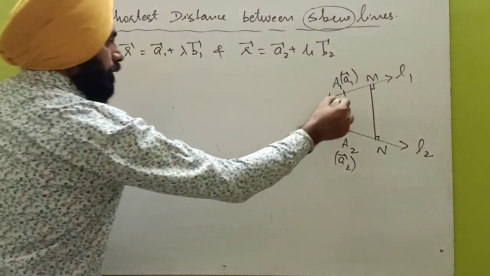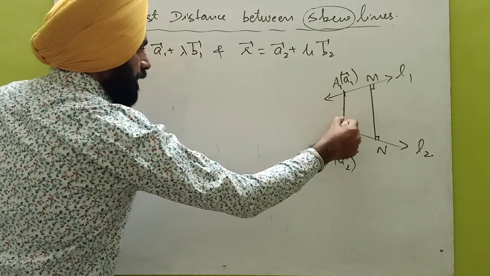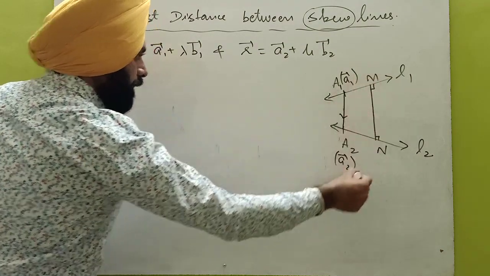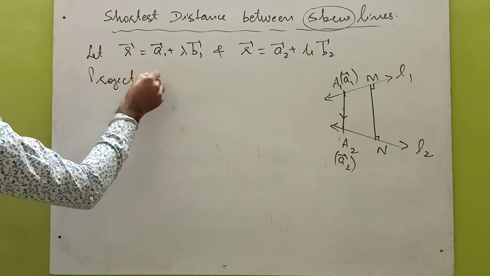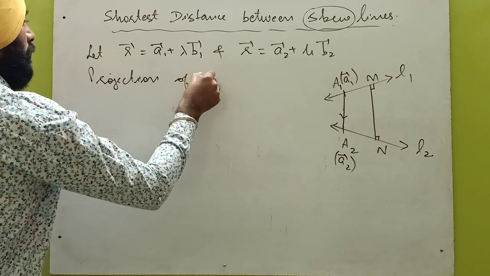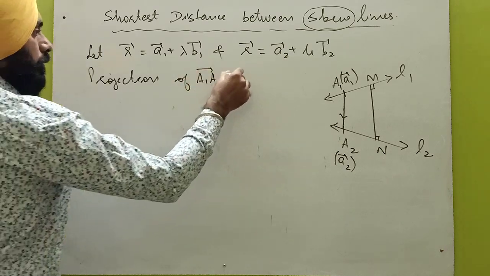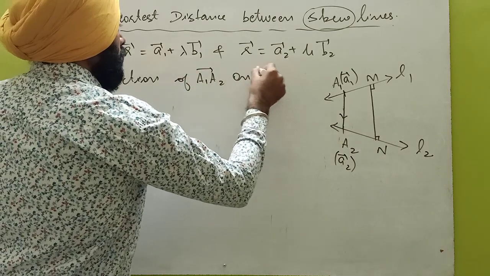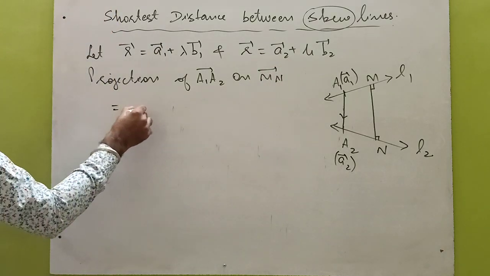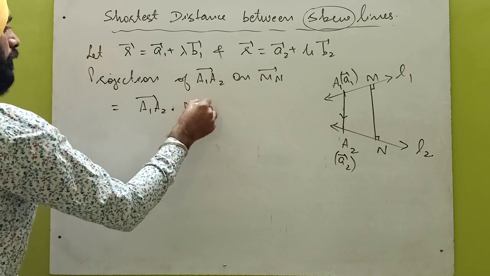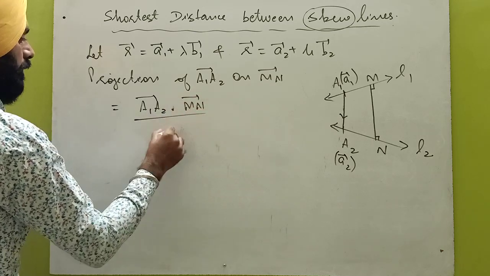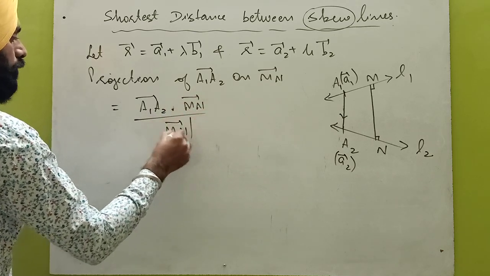Now we have to find the projection of the vector a1a2 on the vector MN. Projection of a1a2 vector on MN is equal to a1a2 dot MN vector divided by the magnitude of MN.